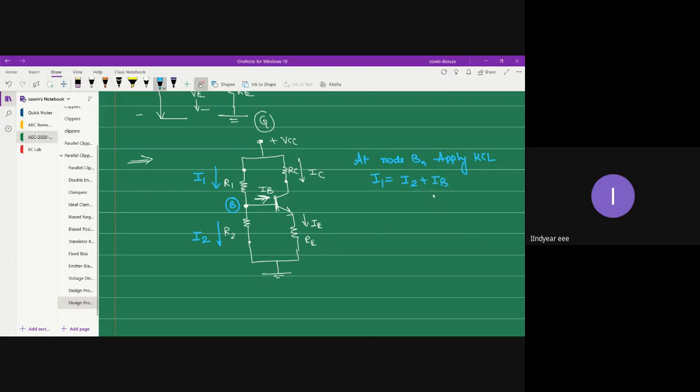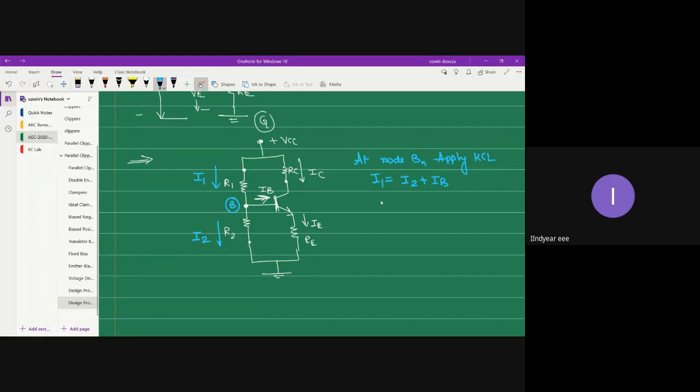Now, your I1 and I2 are the currents which are directly derived from the power supply voltage VCC. So the magnitude of I1 and I2 is very, very high compared to IB, because, as I said previously, it is drawn from the power supply voltage, which is kept at 10 volts, which is significantly high.